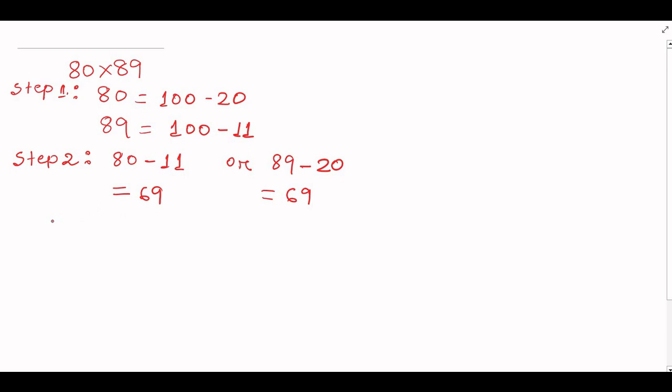Now in step 3, what do we have to do? We have to multiply these two numbers. So 20 into 11, how much will we get? 220.